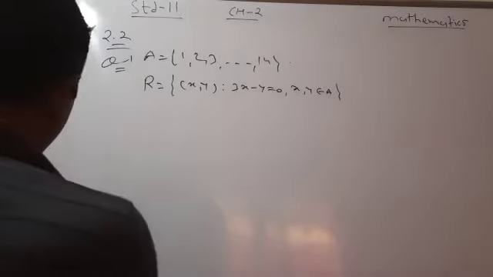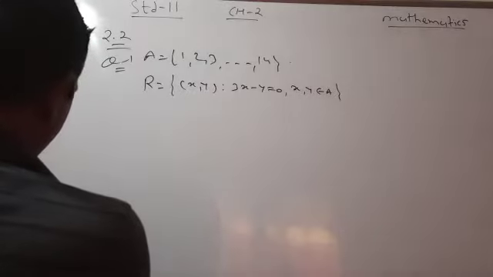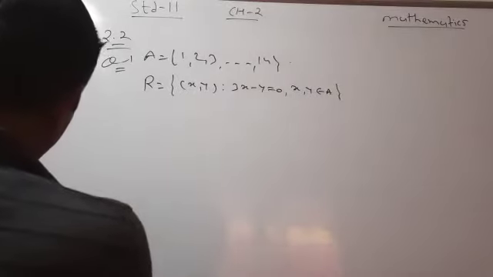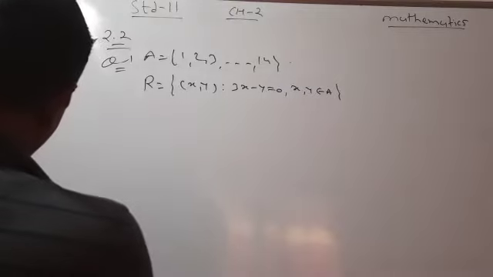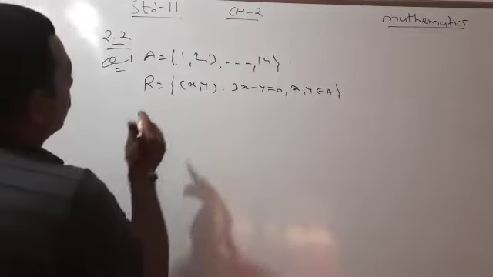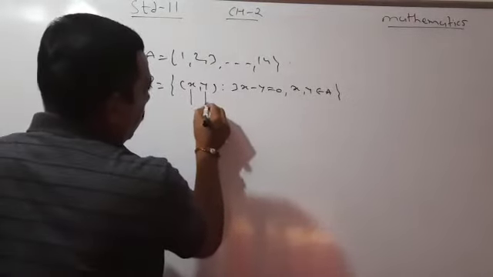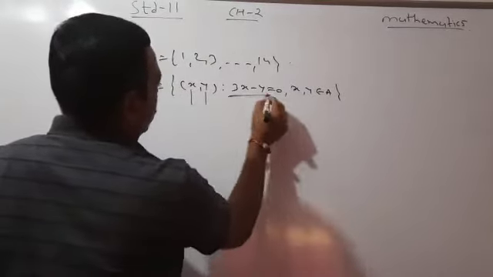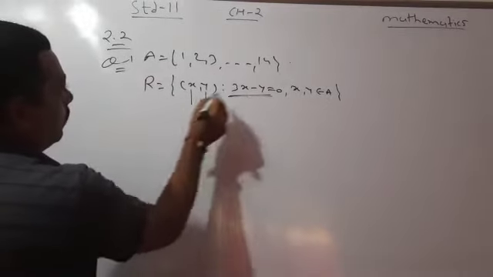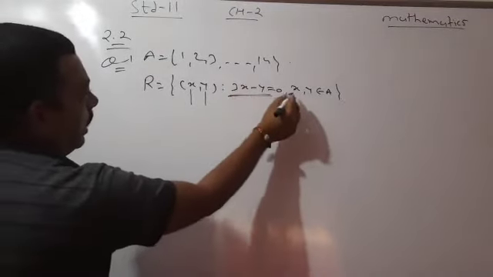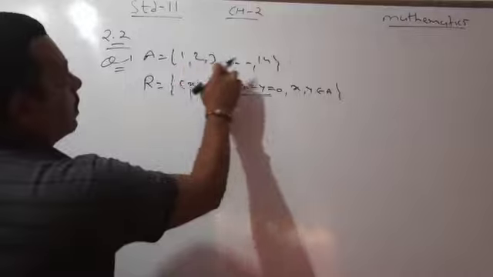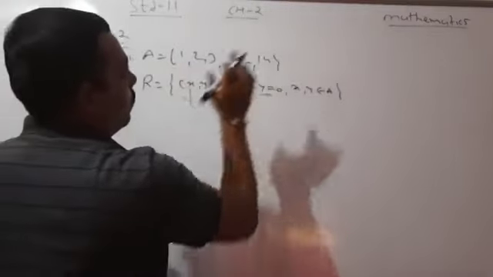Now first of all we are talking about this question. Question number 1. We have to write the elements of the domain. Now see, we will write those x and those y which fulfill this relation. First of all, x and y belong to A, meaning we will consider any value from 1 to 14.